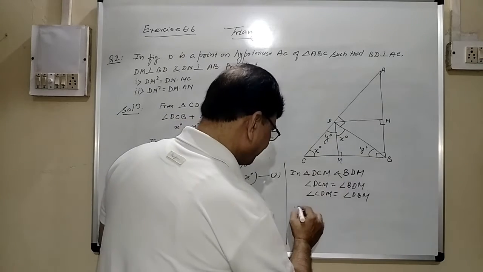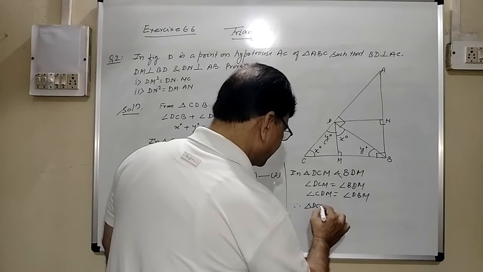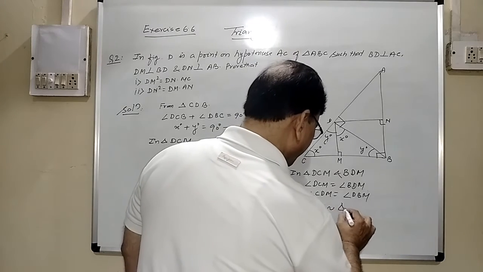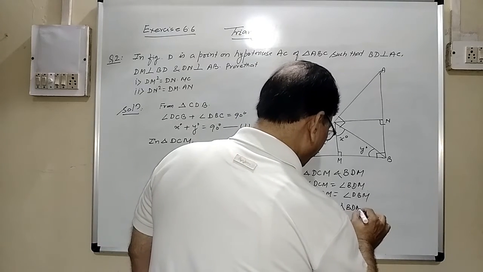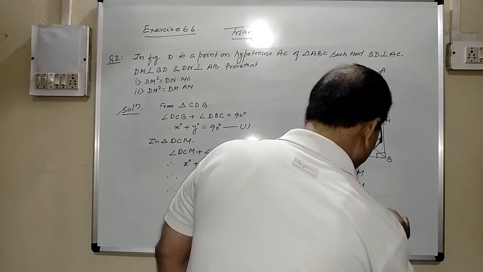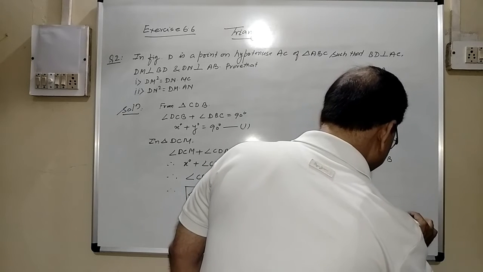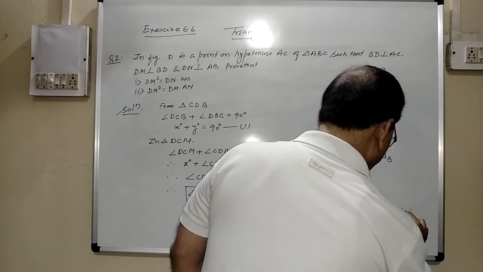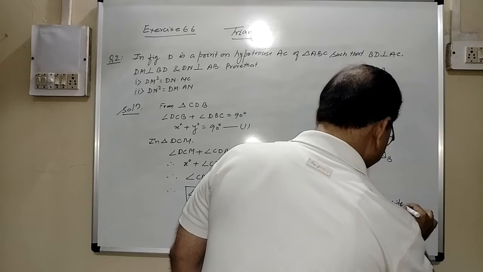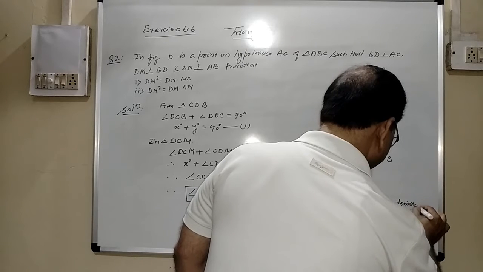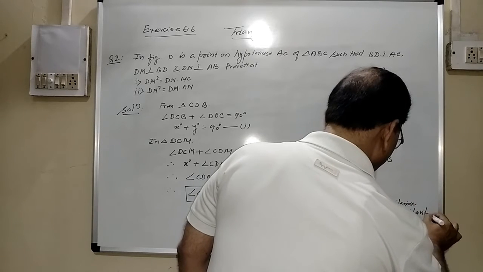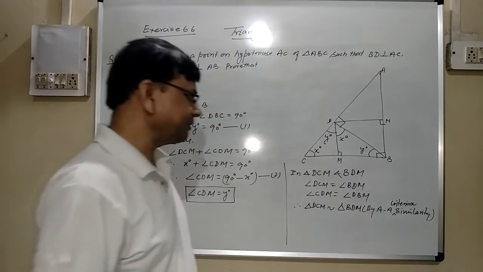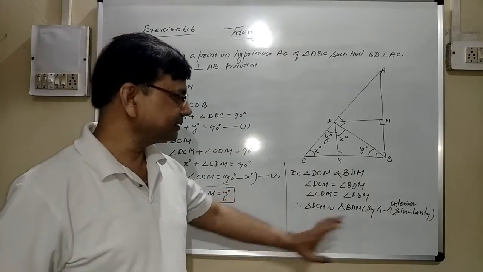Corresponding angles. Therefore, triangle DCM is similar to triangle BDM by AA criterion of similarity. By AA criterion of similarity, these two triangles are similar.